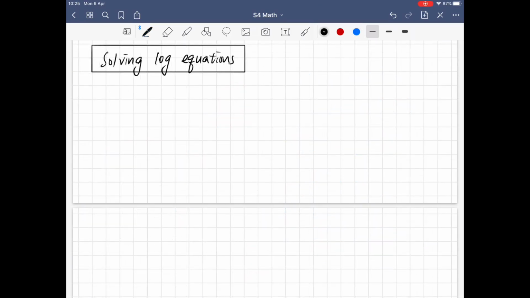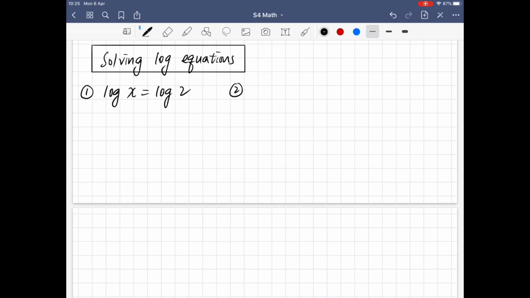So now, let's take a look at the second part of section 7.1, that is about solving log equations. So in this section, when we are solving log equations, we have 3 techniques, okay? And we'll show you in these 3 examples. The first one, log x equals log 2.